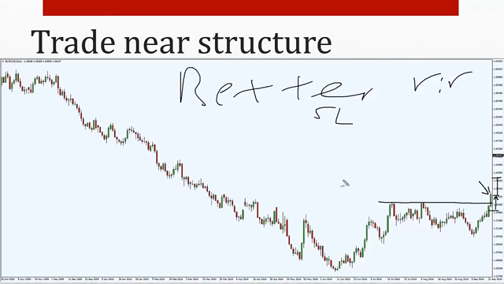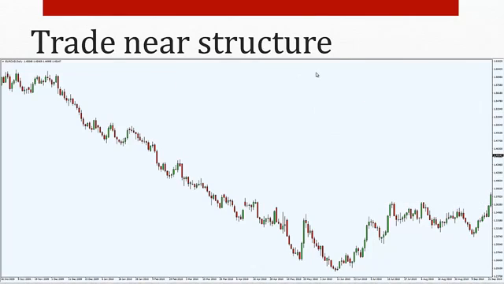So it gives you a much more favorable risk to reward because your stop loss is much tighter. And why do you have a much tighter stop loss? Because you are much closer to the structure of the markets. You can lean against this structure to place a logical stop loss. Compared to the earlier example, the structure is way too far away, and it doesn't really make sense to me to be trading in that scenario.